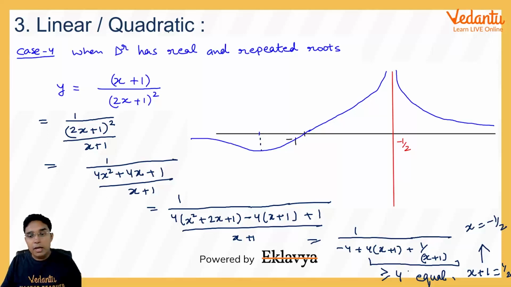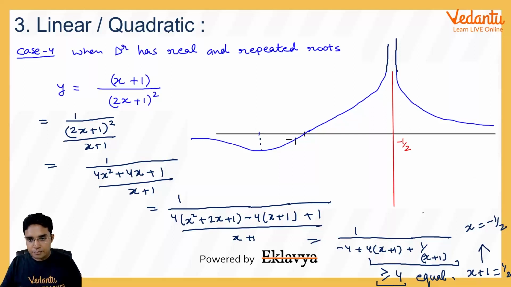So the value where we can expect this maxima or minima to occur is not possible corresponding to when x plus 1 is positive. In fact, when it is 4, you can check, it will become not defined. Actually, this is the point where you can see that this graph is going towards infinity. So someone may think that it is a point where maxima is coming, but actually at minus half, this graph is not defined. So saying that it will be a point of maxima is wrong.